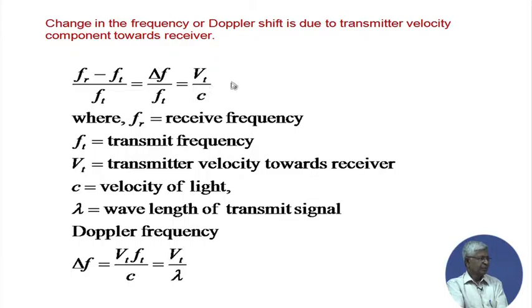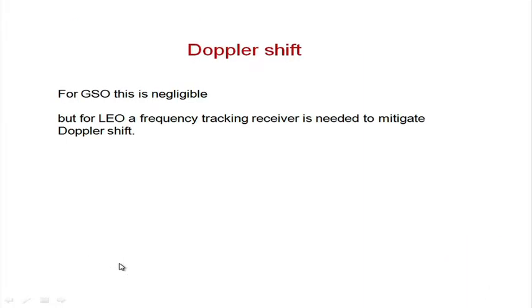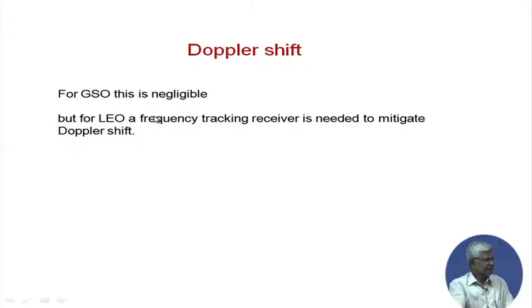You can put it in terms of lambda also, that is delta f is Vt Ft by c, or Vt by lambda. Now, this Doppler shift is negligible for GSO. For a low Earth orbit satellite, a frequency tracking receiver is needed to mitigate this Doppler shift.